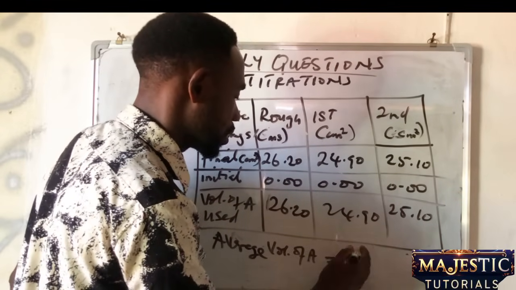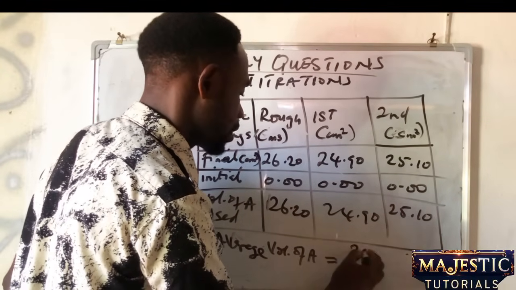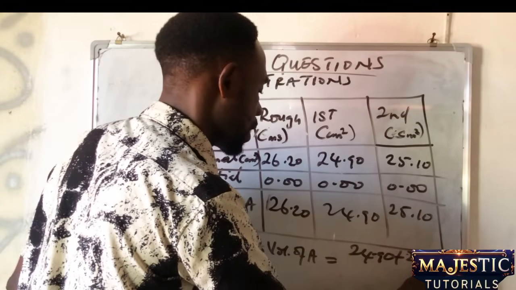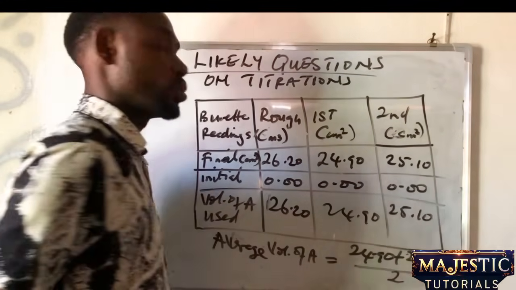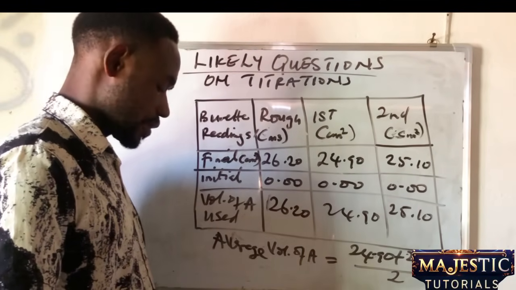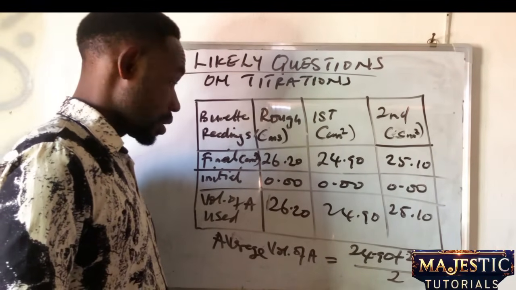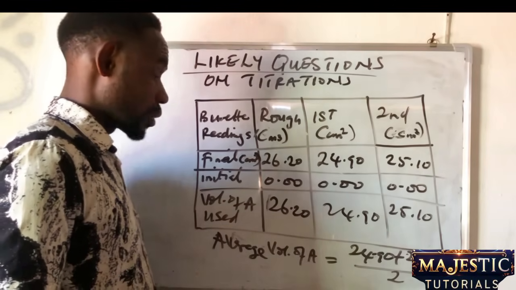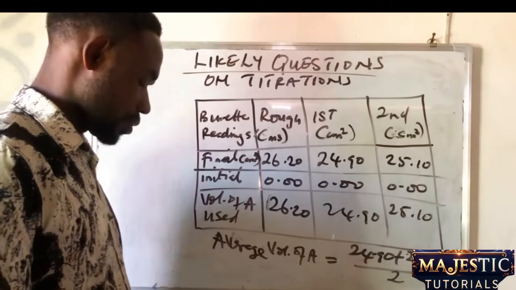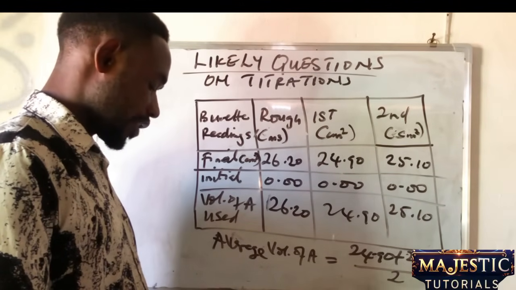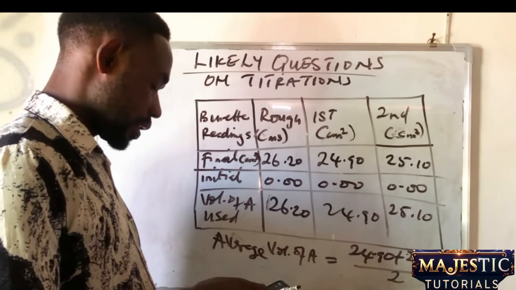I will interpret what is the first, which is 24.9 plus what? 25.1 all over what? 2. So when we calculate this, definitely we are going to get the middle, which is 25.0. Well, let me still confirm. That means I will be using 25.0 here.